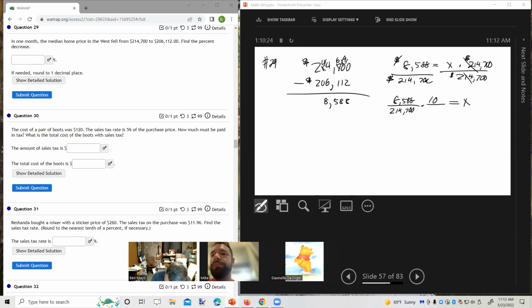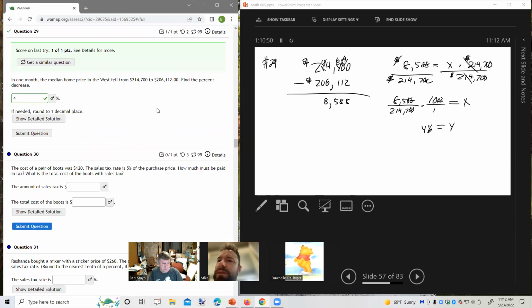We're going to multiply that by 100% over 1, which should change it into a percent. So 8588 times 100 divided by 214,700, and I get 4%. And again, it already has the percent sign there in the answer. Okay.